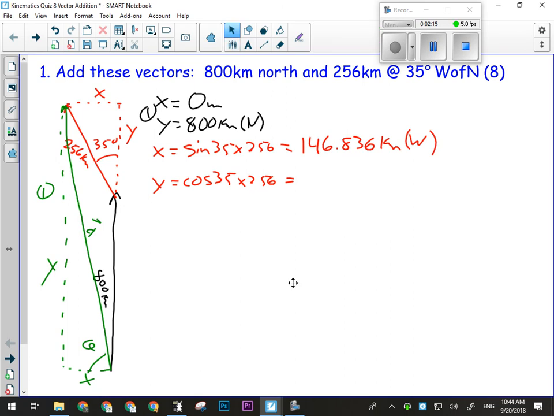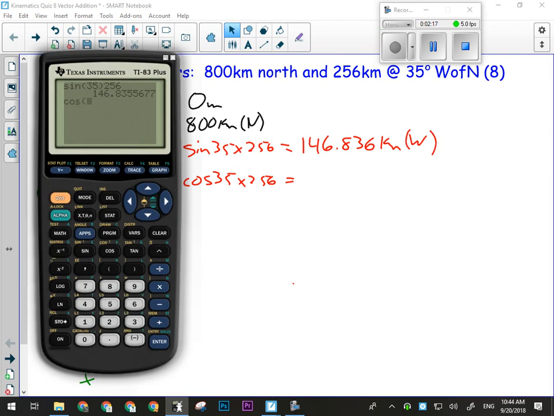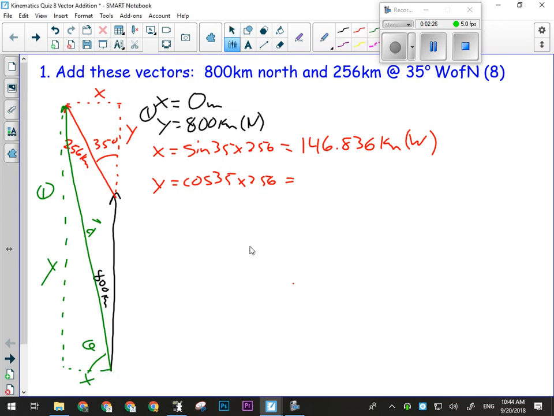And then our y component is the cos of 35 times 256, which is 209.703 kilometers north. These are method marks, 1 mark each for these. Whether they actually got these numbers or not is irrelevant as long as they had x equals sine of 35 times 256, and cos 35 times 256.